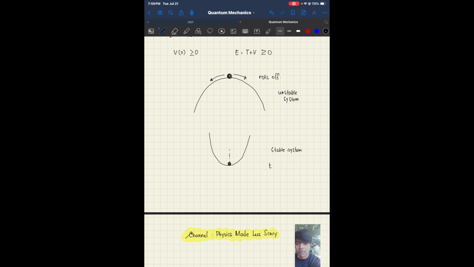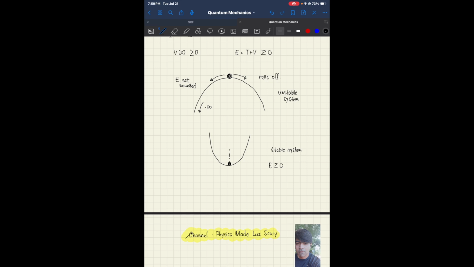So here you demand that your energy is actually bounded from below. Here you'll have your energy not bounded, because your potential energy is escaping to infinity, minus infinity, right?